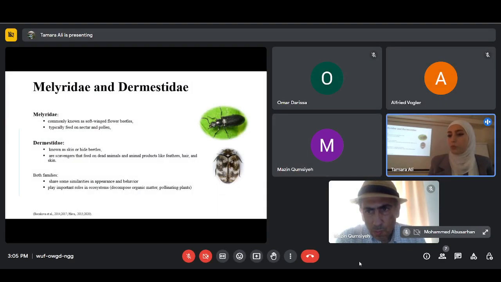One key difference between Meliridae and Dermestidae is their diet. Meliridae typically feed on nectar and pollen, while Dermestidae are scavengers that feed on dead animals and animal products like feathers, hair, and skin. Both families play an important role in the ecosystem by helping to decompose organic matter and pollinating plants.